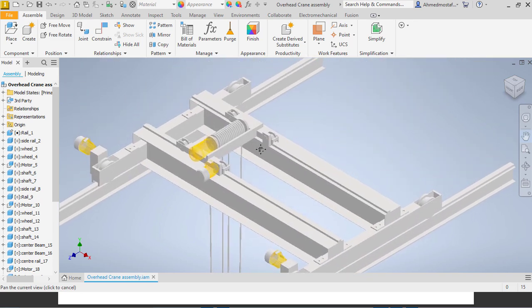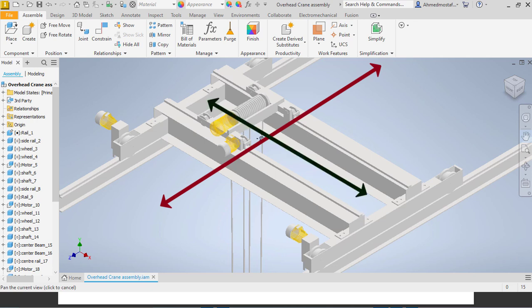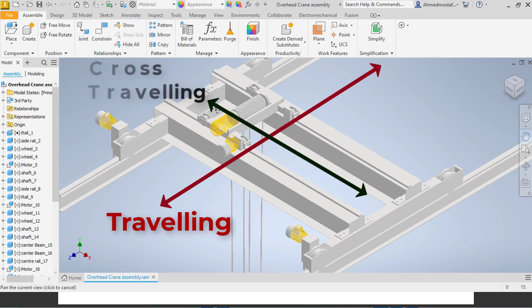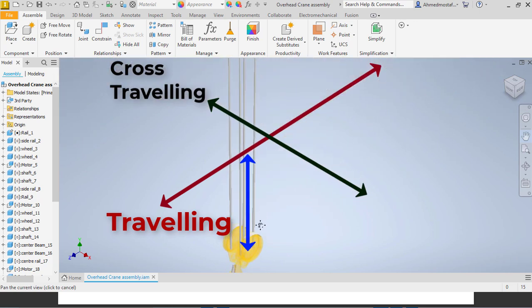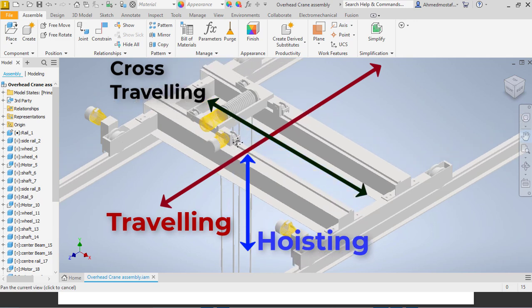Here we can move in the X direction, and this is the Y direction, and this hoisting and lowering is the Z direction. We call the X direction the traveling movement, the Y direction movement is called the cross traveling movement, and the hoisting and lowering of the hook is called the hoisting lowering movement, or Z movement.